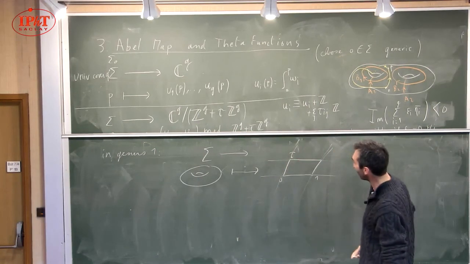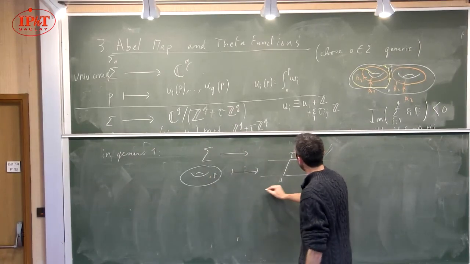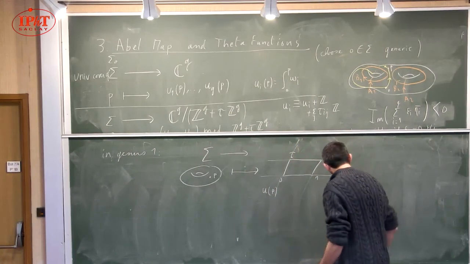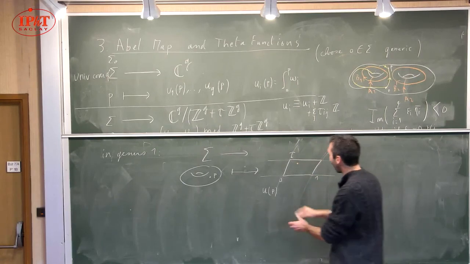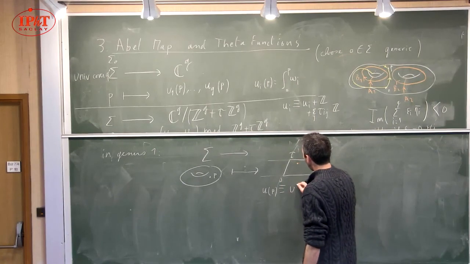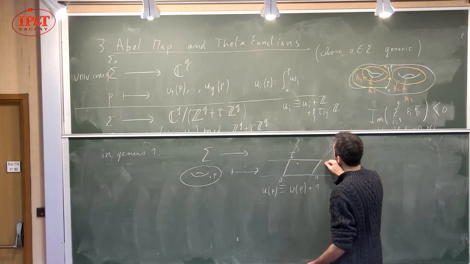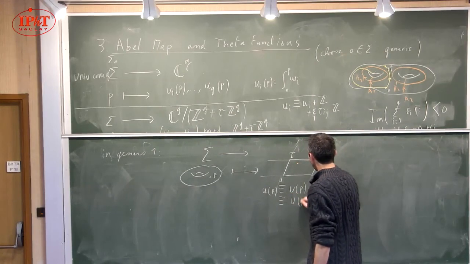And you're just saying that to a point P, you associate the point U of P, which is a point in the complex plane, and you identify it to U of P plus 1, so it's the same point, or you identify it to U of P plus tau.